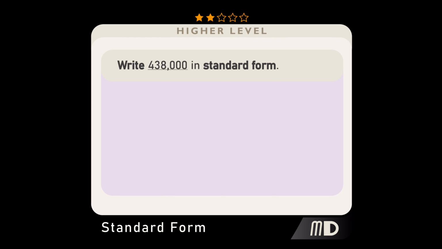Beginning with 438,000.0, moving the digits one place to the right gives us 43,800.0.